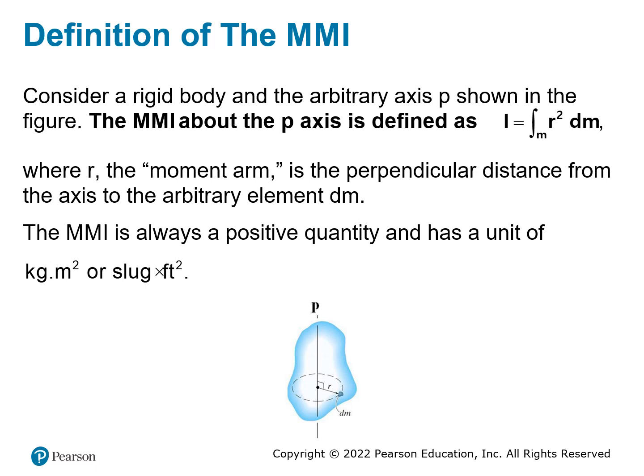Here we have R squared representing meter squared, and dm, m is the mass, which is going to be the kg. So your unit will be kg times meter squared. If you're using the US customary unit system, you use slug. Slug is the mass of the US unit system, and feet is going to be the length.